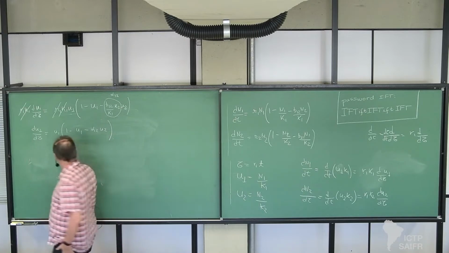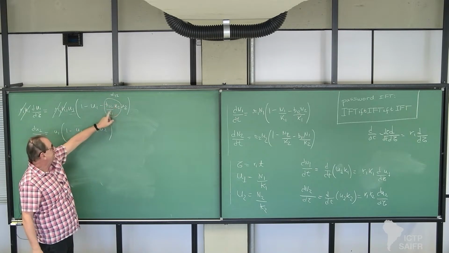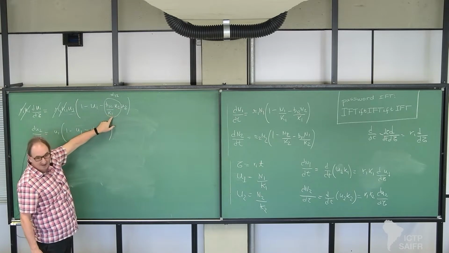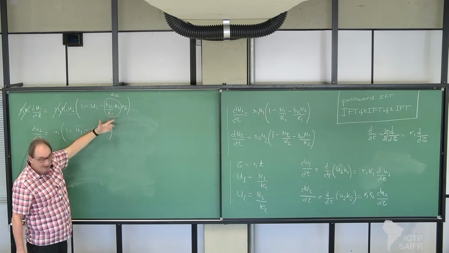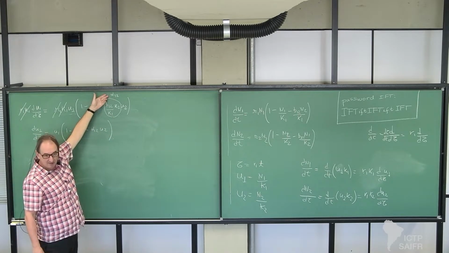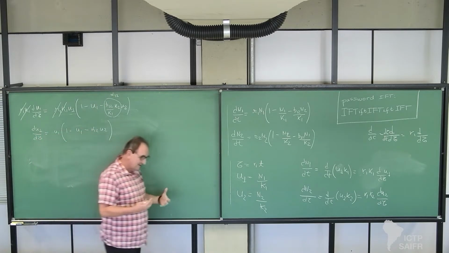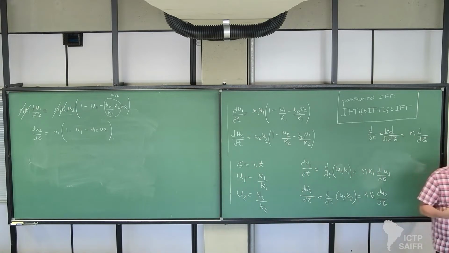And alpha 1,2 is just the b that you had before times k2 over k1. But I call it alpha 1,2 to simplify the notation, but also because actually we are doing phenomenological models.